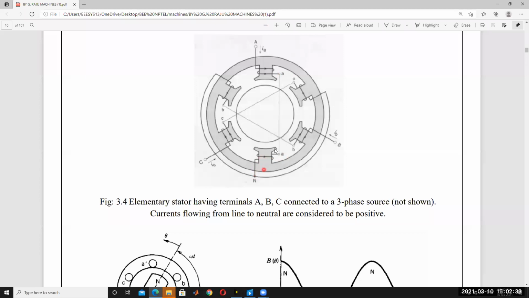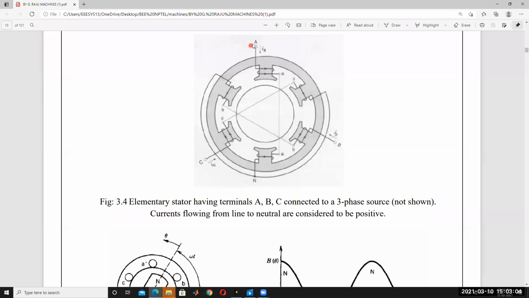Similarly the B phase, which may also be called the Y phase, is connected to the winding in this manner. This is called B, and this is called B dash, and it is connected to the neutral. The secondary terminals are connected at one particular point, called the neutral. So this is called a star connection.